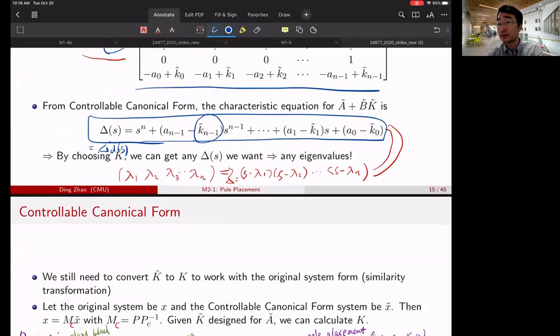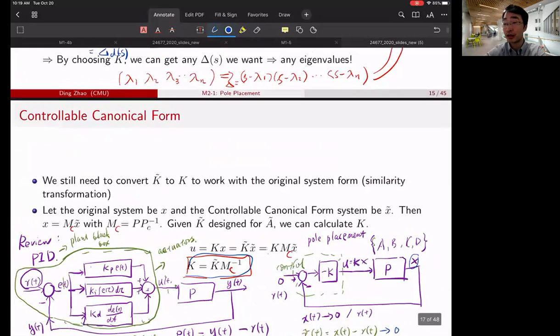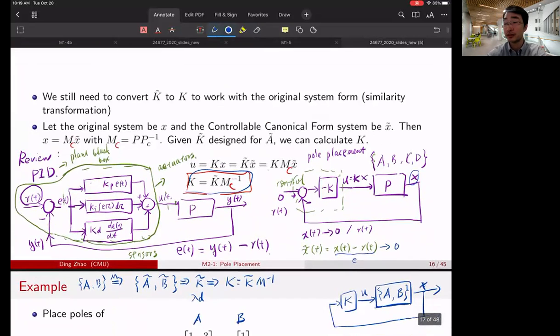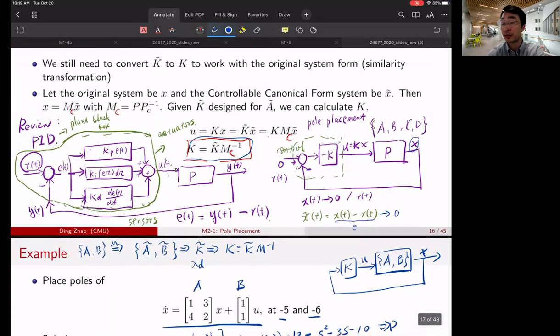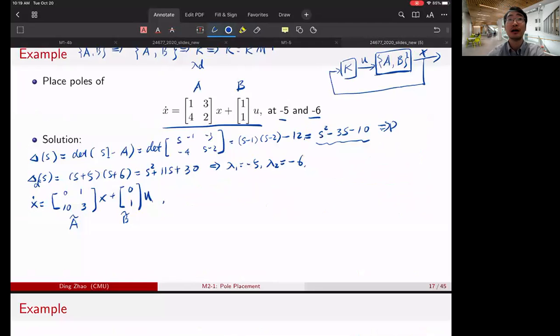Okay, so after we plug in this K, what we have is this. We make this our desired characteristic polynomial, and we hope this one will be s squared plus (minus 3 plus K1) s plus (minus 10 minus K0).